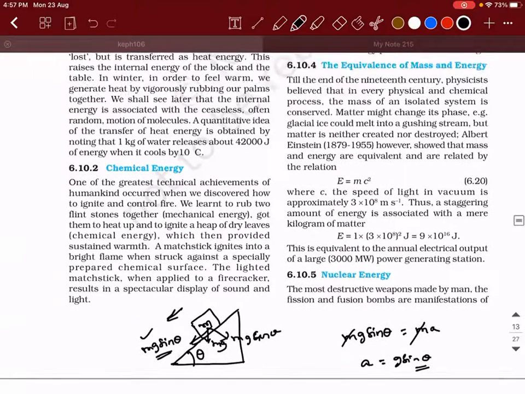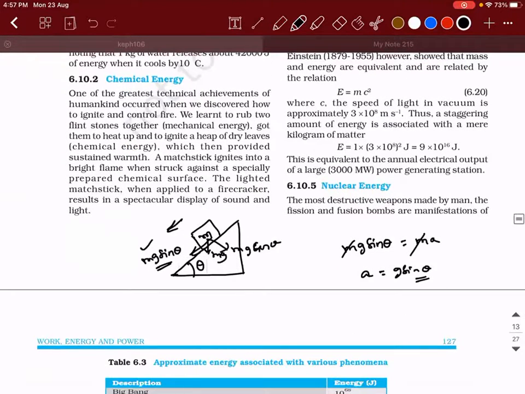Sir, in the same sum, if it was given that friction exists, then what should be done? Then it's a different story, but generally you don't have it for CBSE. If friction exists, the friction will be in this direction, that is mu into N. Should we subtract? Yes, you have to. I'll just give you an outline. Mg sin theta is acting in this direction, and let's say the object is accelerating in this direction.